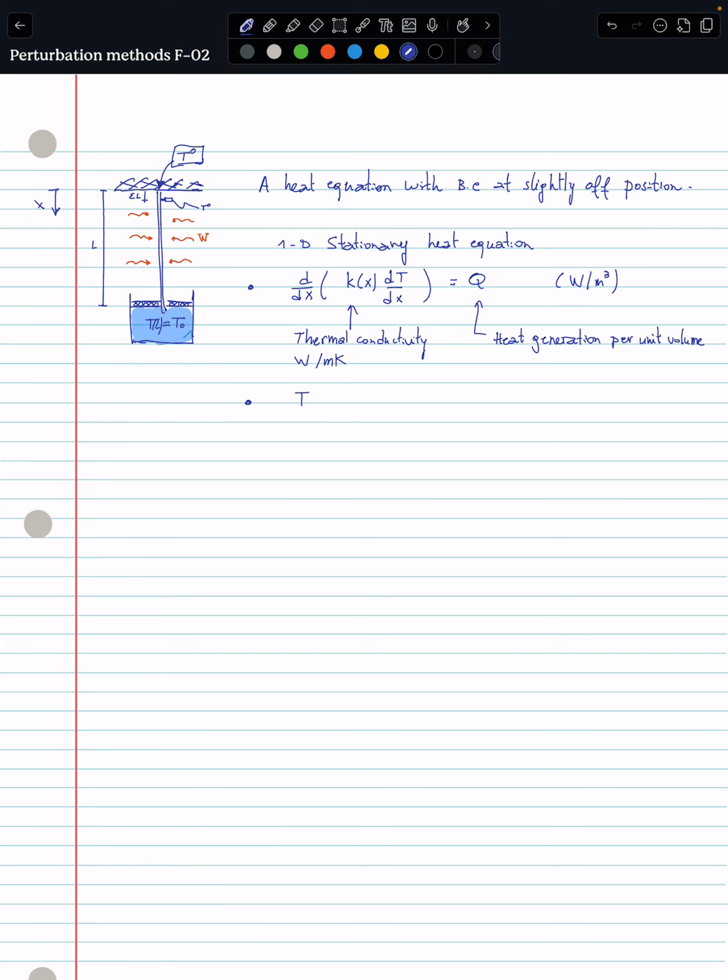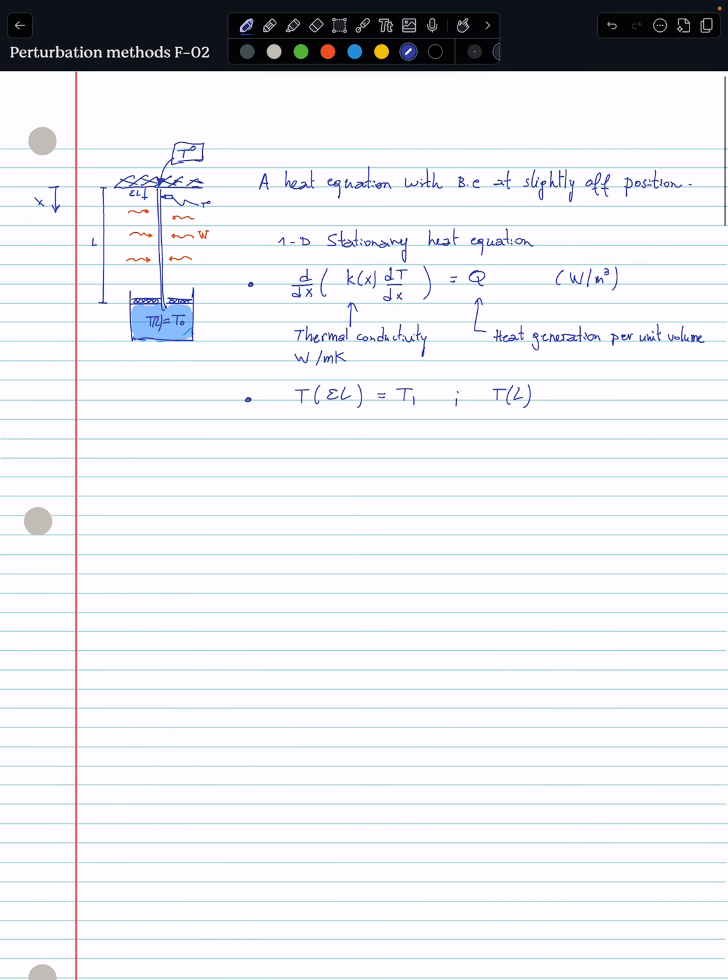We have that the temperature at a distance epsilon L from the roof is equal to T1, a certain temperature, and the temperature at the bottom of the rod in the reservoir is equal to T0, which is smaller than T1. Second, the problem that has been written here is not in dimensionless version, although we have clearly identified the small parameter, epsilon, which is much smaller than 1.